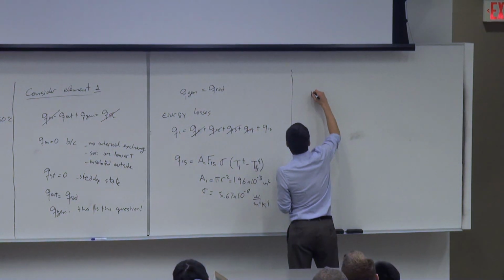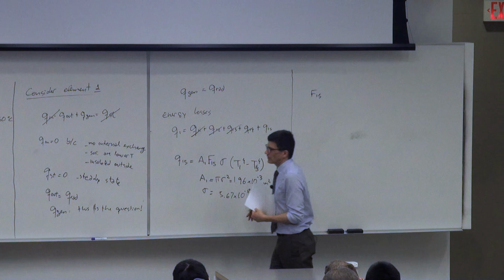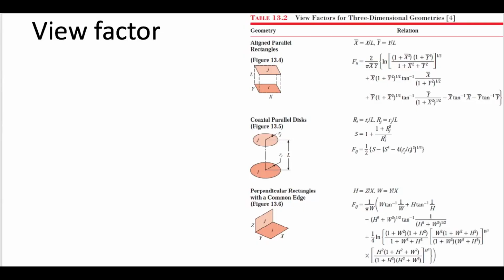Now, F15. So what we do is similar to convection. We go to our tables and we look what has a similar geometry. Which of these three? Middle one, right? Two circles.